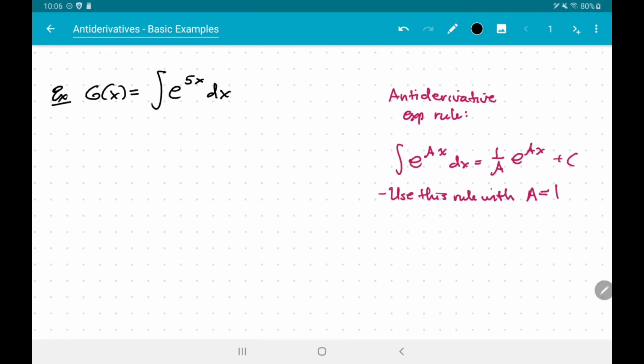Remember, this is the antiderivative rule that we have. So we would use this rule with a equal to what? 5. Right? We're going to match that 5 up with the a. So that means g of x is 1 over 5 e to the 5x, and since that's the last of it, we can add the constant plus c.